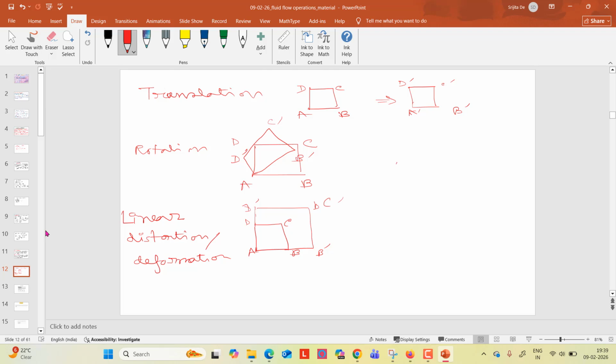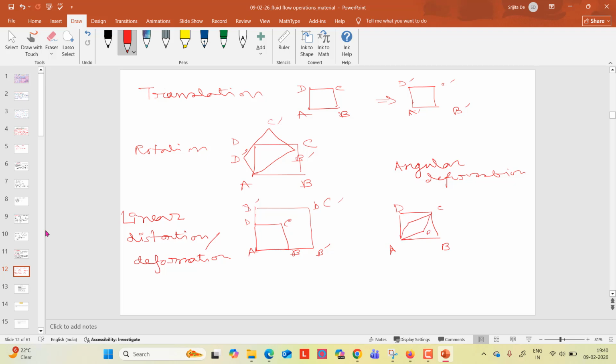And what about the angular one? Angular deformation is like this. So this is your A, B, C, D and you will see this, this, this.